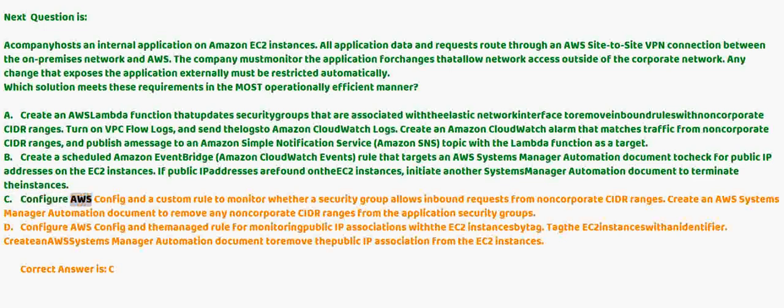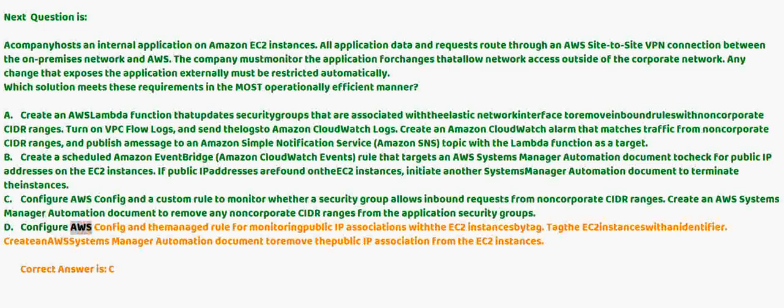C. Configure AWS Config and a custom rule to monitor whether a security group allows inbound requests from non-corporate CIDR ranges. Create an AWS Systems Manager automation document to remove any non-corporate CIDR ranges from the application security groups.